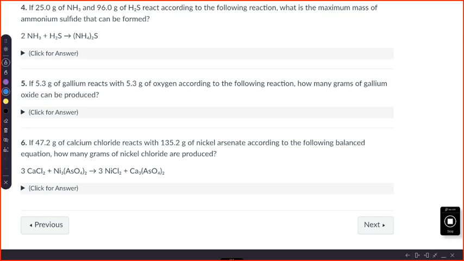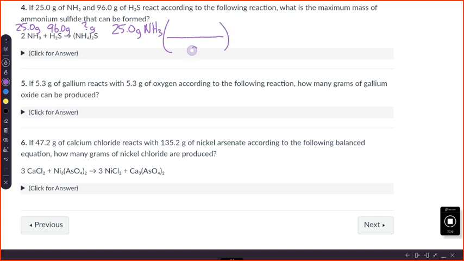Number 4, you got 25 grams of NH3. 96 grams of H2S. What's the maximum amount of ammonium sulfide that can be formed? So I'm looking for grams of this guy. Doing exactly the same thing again. 25.0 grams of NH3.